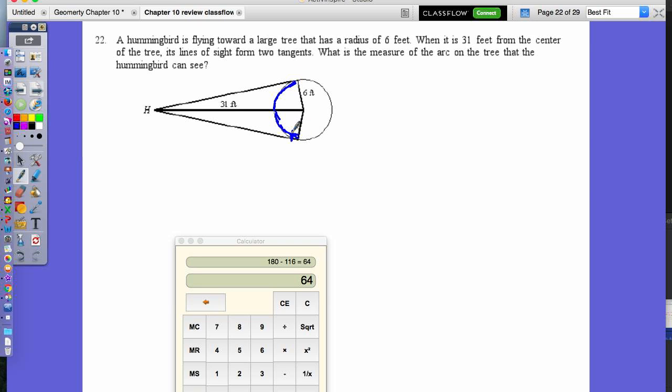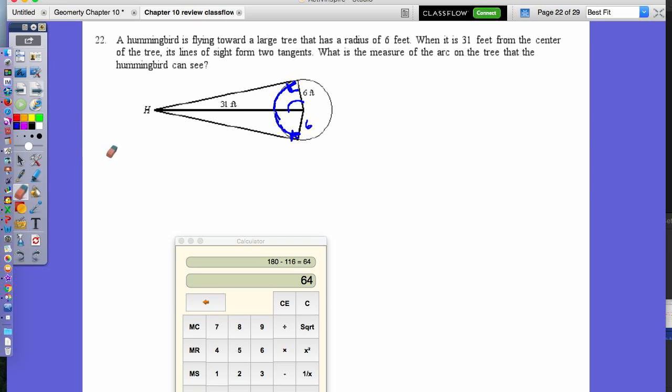And this is 90 degrees, and this is 90 degrees because where a tangent and a radius intersect at a point of tangency, which makes a right angle. So these 2 triangles are actually congruent by hypotenuse leg. They're both right triangles with a hypotenuse of 31 feet and a congruent leg, which is both the radius here, is 6 feet.